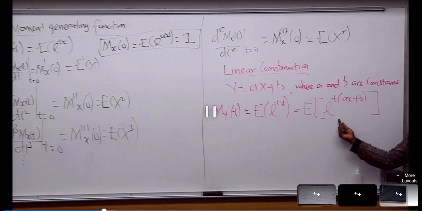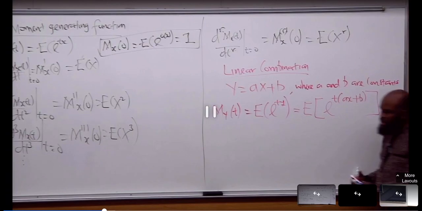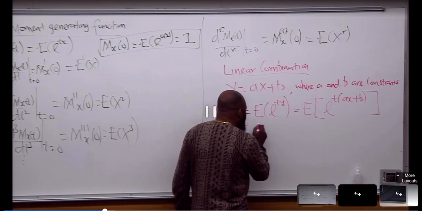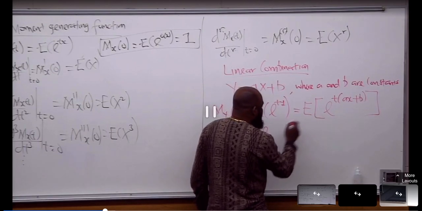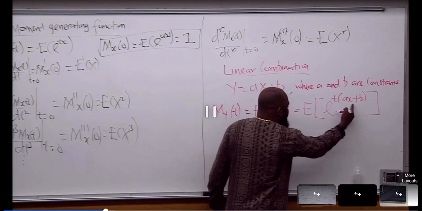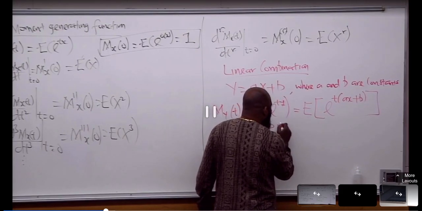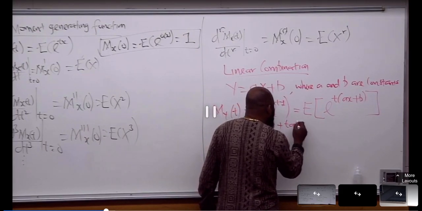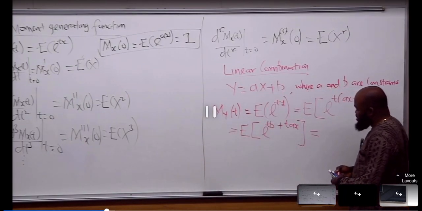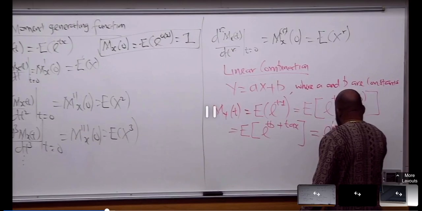Now I want to expand this. If I expand that, I'm going to have tb, and plus taX. Now if I want to rewrite this, I can rewrite this as this.